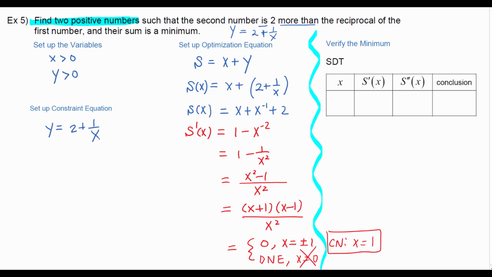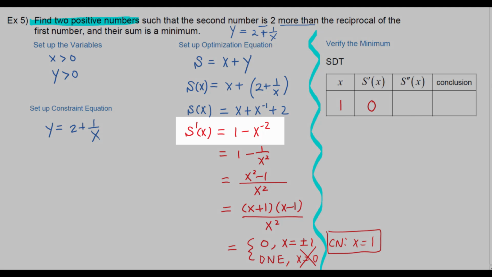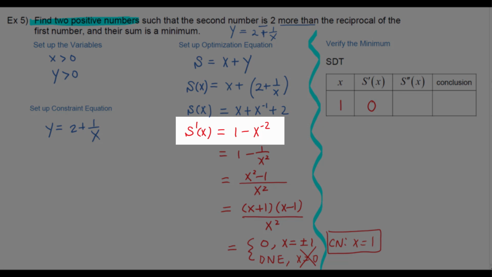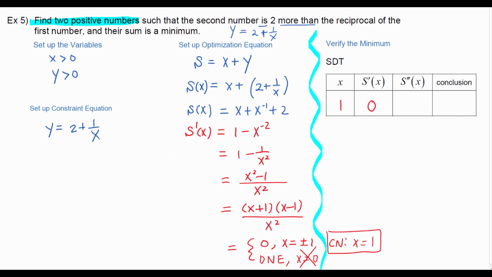So let's go ahead and do the second derivative test. My critical number is 1. S prime of 1 is 0. Now find the s double prime. I'm actually going to use this one to take the s double prime of x because it's easier to find the derivative. My s double prime of x equals the derivative of 1, which is 0.